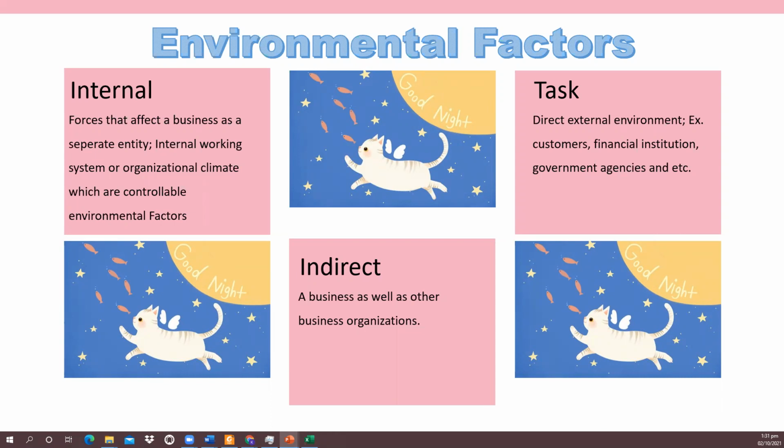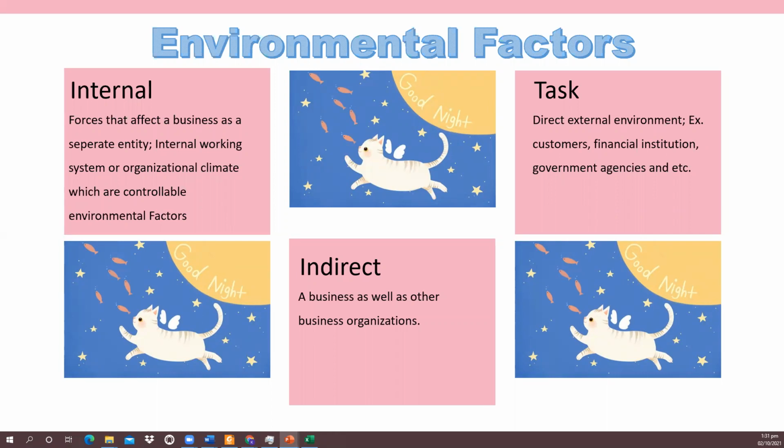Syempre, di naman nila makokontrol yung behavior ng customers nila, and then the rules and regulations na isisset ng government agency, as well as yung behavior ng mga market, no? And then yung mga policies or yung interest na ipapataw ng mga financial institution. Okay?